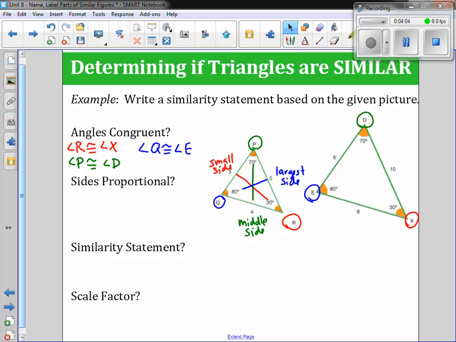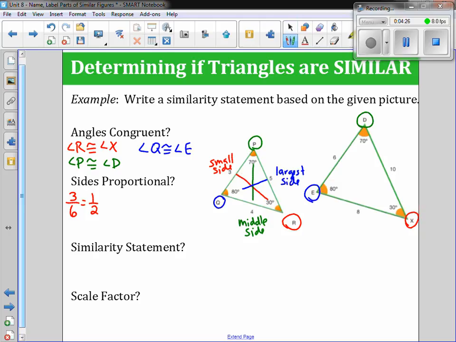Since I know that my angles are across from their corresponding sides, I can write my proportional statements as follows. The smallest side of 3 is proportional to my smallest side in my second triangle, which is 6, which has a proportional value of 1/2.